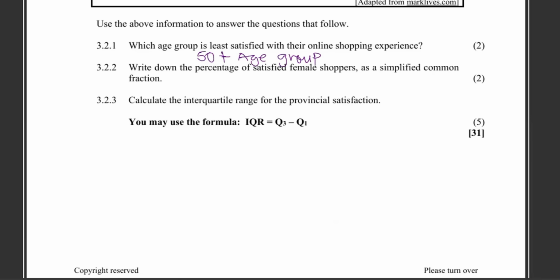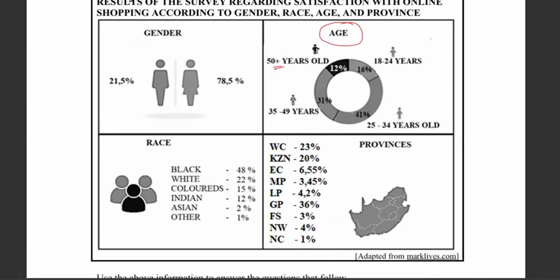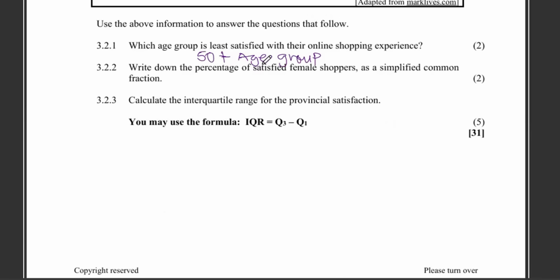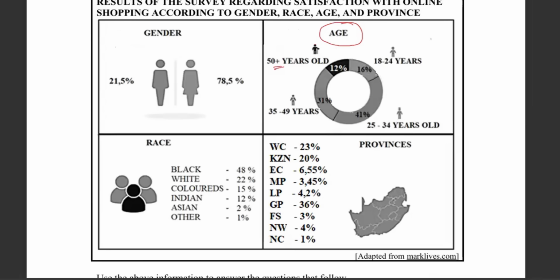Then, least satisfied, let's see the results of the survey regarding the satisfaction with online shopping. Okay, write down the percentage of satisfied female shoppers as a simplified common fraction. So they're here.